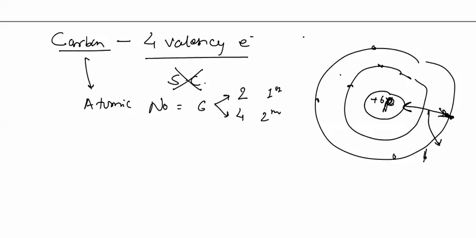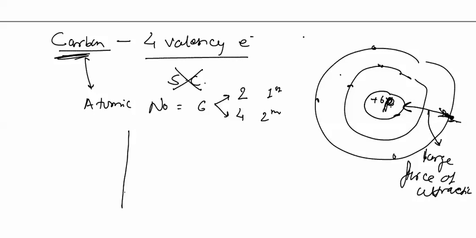So we can say that there is large force of attraction between nucleus and this valence electron. So in case of carbon, it is not possible to remove this electron for the purpose of conduction.